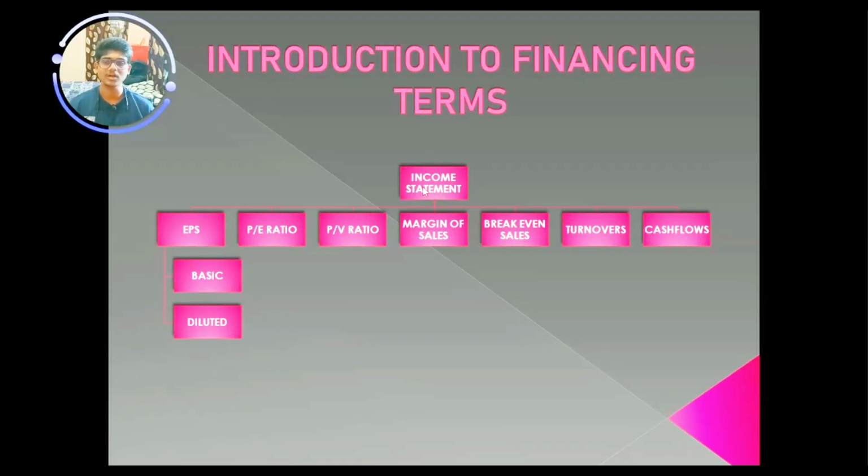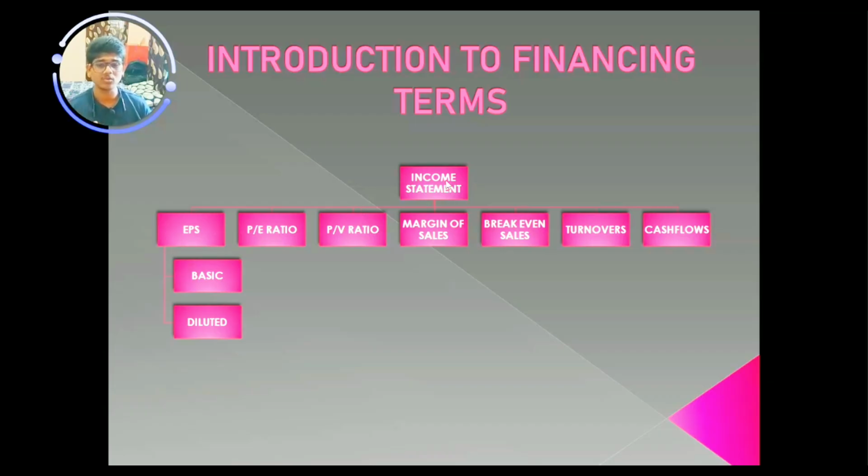There is a term called income statement. Now what is income statement? It is a broader term which also defines our EPS and PE ratio, and there are two types of EPS also, basic and diluted. So we don't need that in-depth understanding, we just need a rough understanding to analyze the company, and how the PE ratio is calculated.